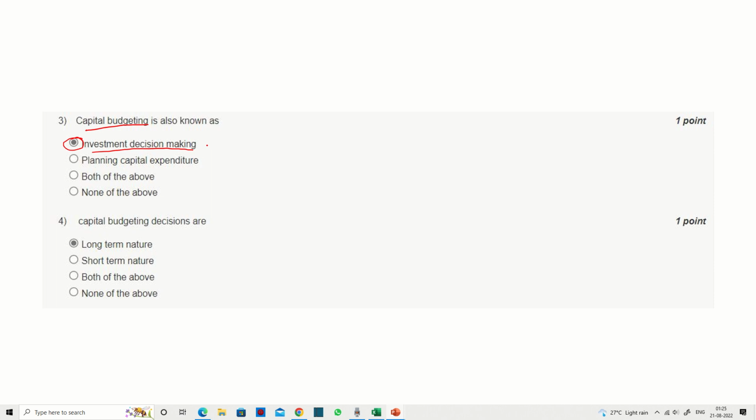If I arrange in a hierarchy, then capital budgeting, then financial decisions, and then there will be capital expenditure. So first there should be capital budgeting, then financial decisions, and thereafter it will come planning capital expenditure, and hence the correct answer is investment decision making.